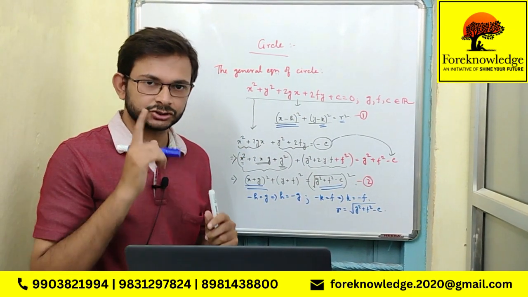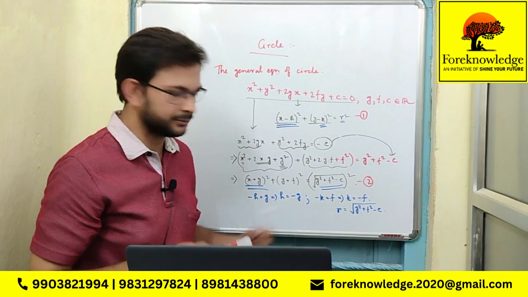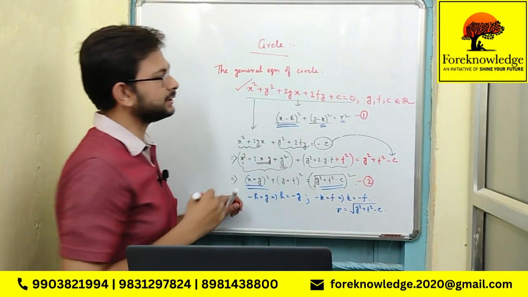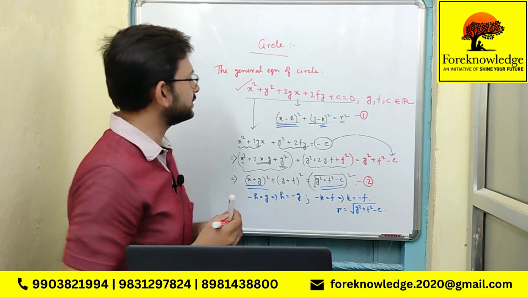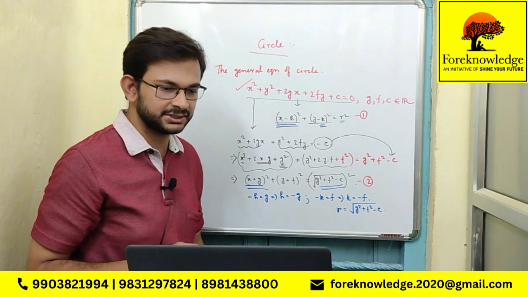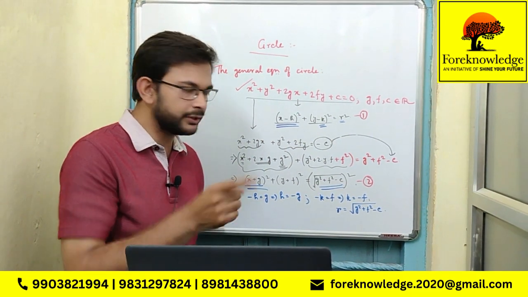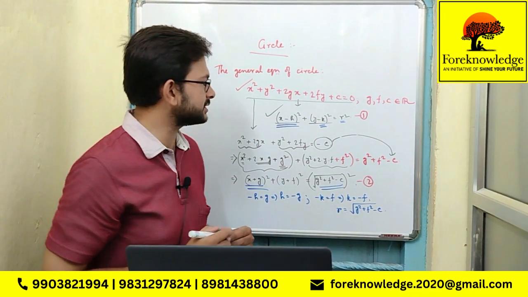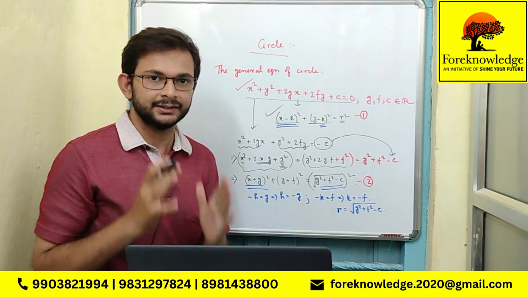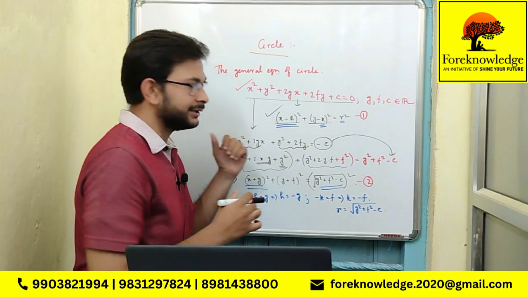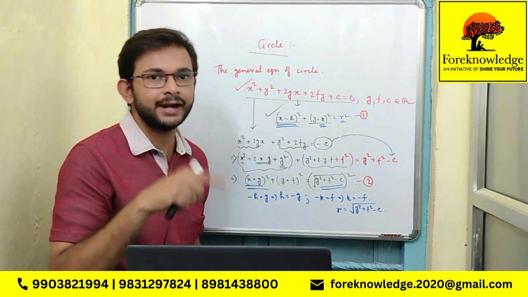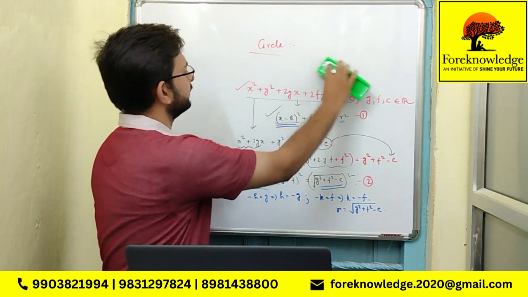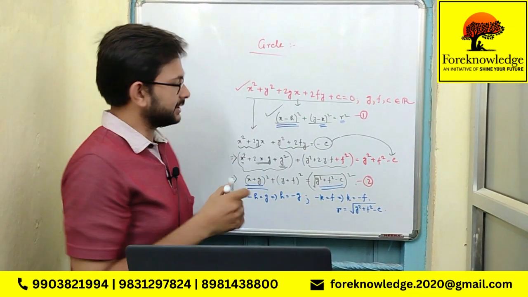So from here we can easily conclude that if this is the general equation of a circle, x square plus y square plus 2gx plus 2fy plus c equal to 0, and if we convert it to this form, x minus h square plus y minus k square equal to r square, then we can easily find the center and radius of the circle.